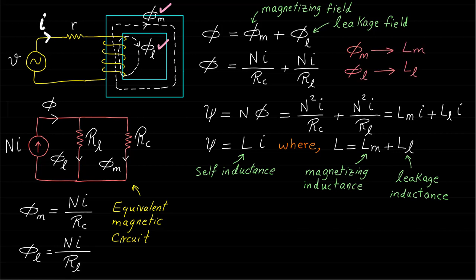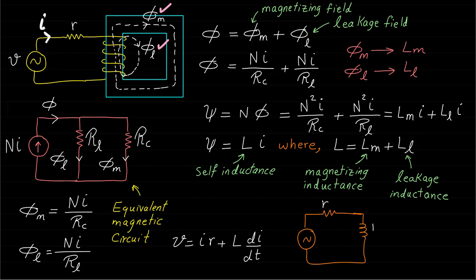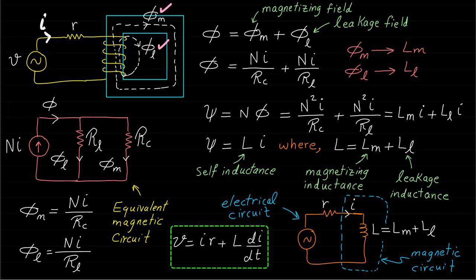Now, using Faraday's and Lenz's laws, the voltage equation and the electrical circuit can be represented as follows. Based on this equation, the inductance can be defined as the tendency of a coil to oppose any change in current. Another definition of inductance is the ability of a coil to produce electromotive force E by a variation of a current.